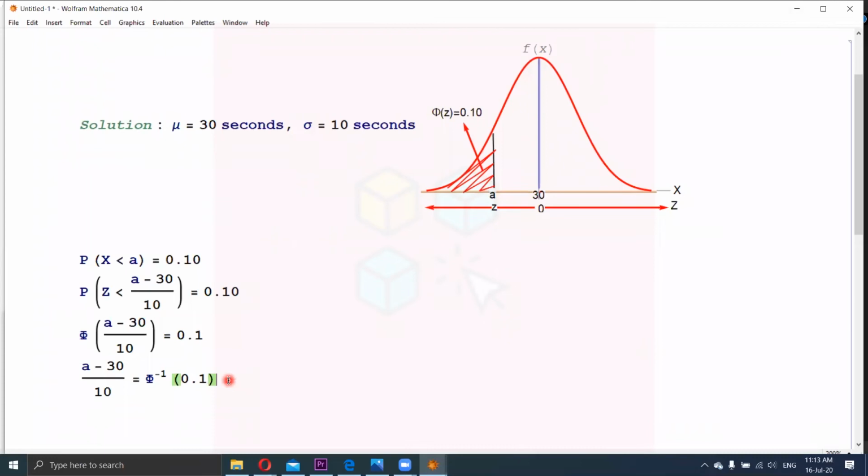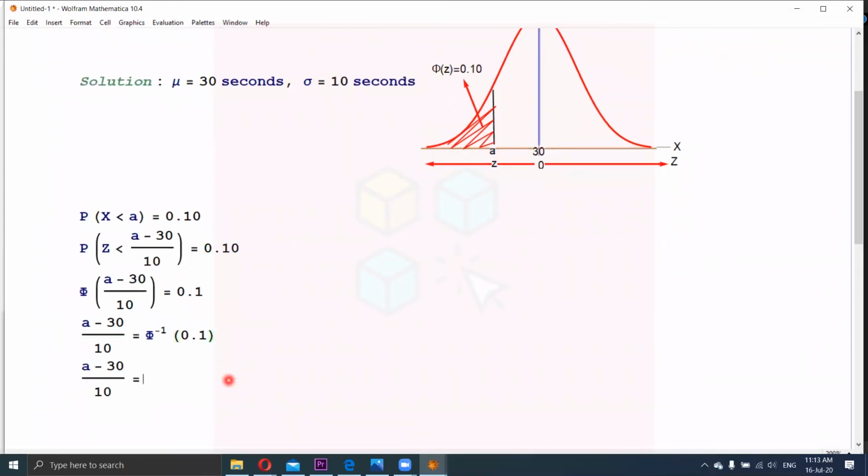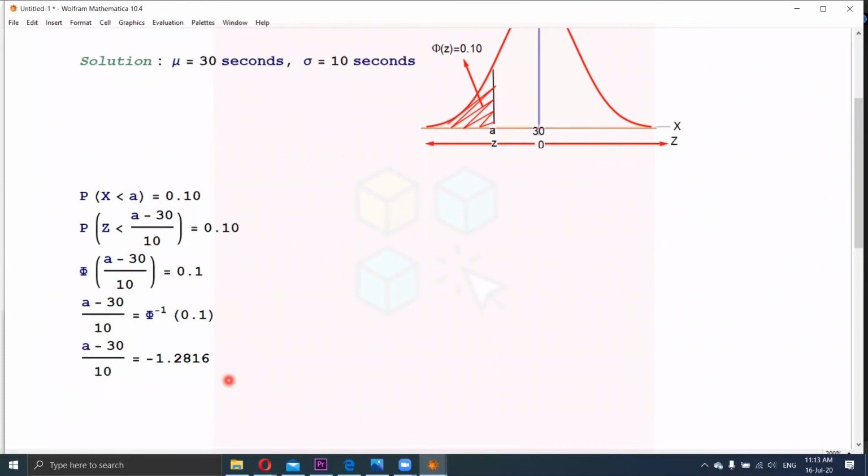So substitute this value, minus 1.2816, and solve this equation for the value of A.